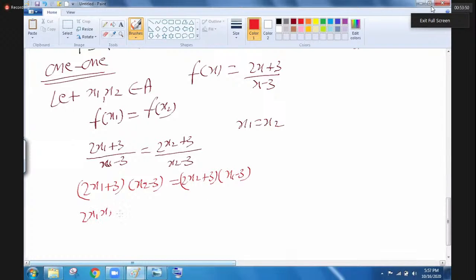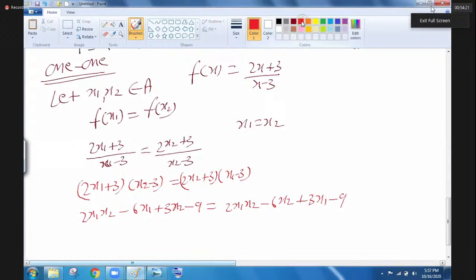So 2x1x2 - 6x1 + 3x2 - 9 on one side. On the other hand, you will have 2x1x2 - 6x2 + 3x1 - 9.